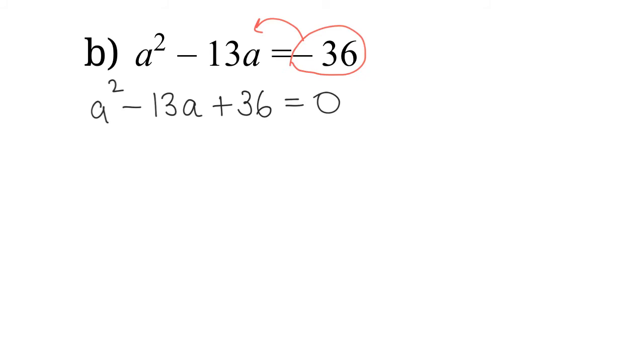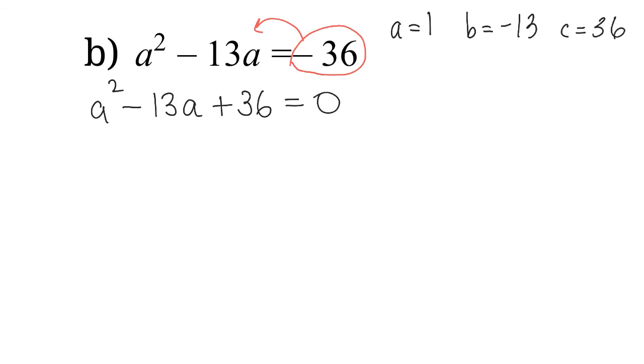So always your first step is to check and see if there's a common factor that can be removed. And if I quickly scan my terms, there is no common factor between all 3 of these terms. So that means I can't use common factoring, so I'm going to proceed to use decomposition. Before I do that, I'm going to list out my a value, which is 1, my b value, which is negative 13, and my c value, which is 36.